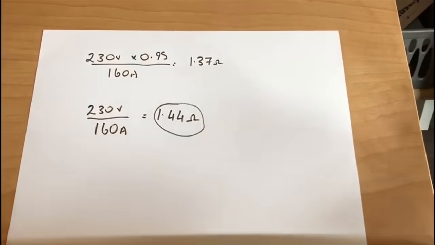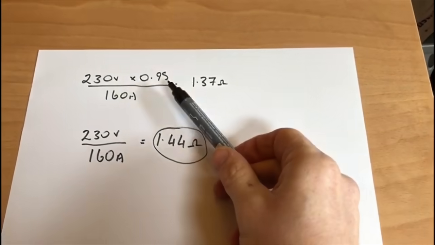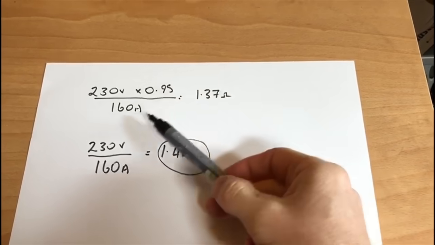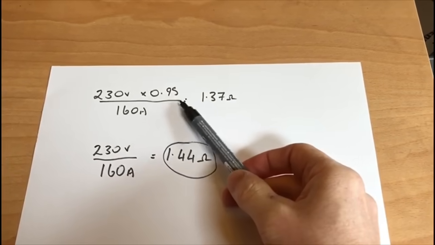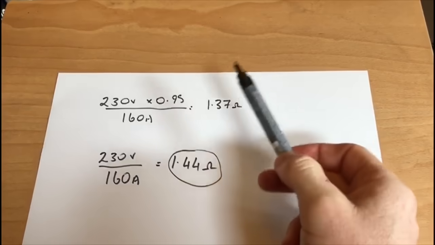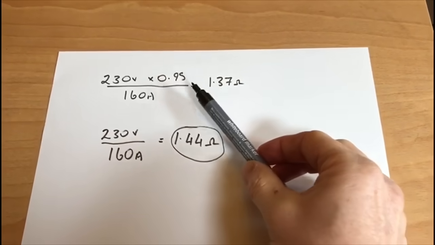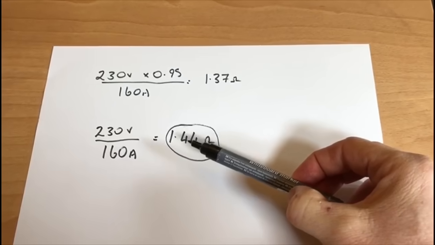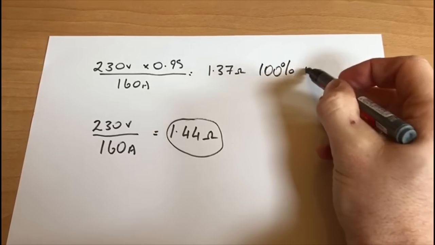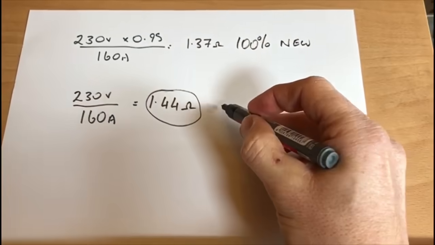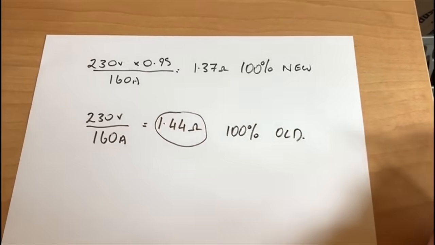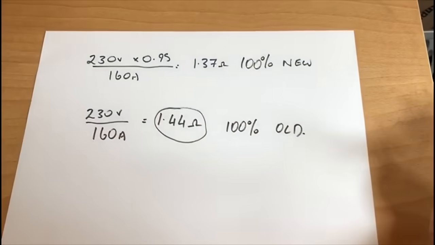After Amendment 3 of 2015 of the 17th edition, they introduced the 0.95, which was simply to take into account maybe the lowest voltage that was allowable. So it's roughly around 218 volts there, very similar to the -6% value of around 216 volts. So that's the difference between those. This is the new 100% value. This was the old 100% value. So it's important to understand the difference there.